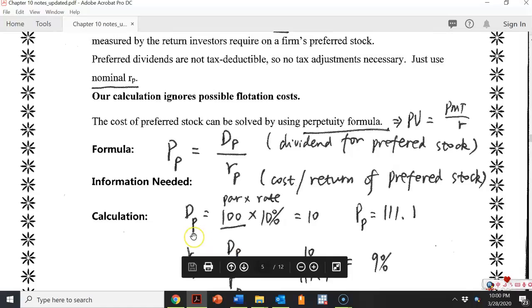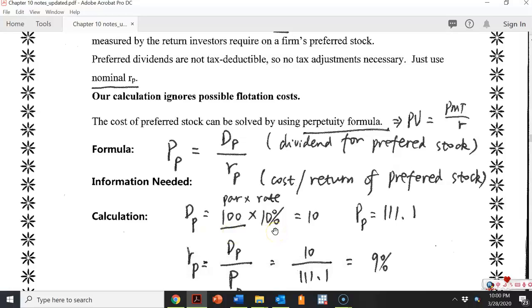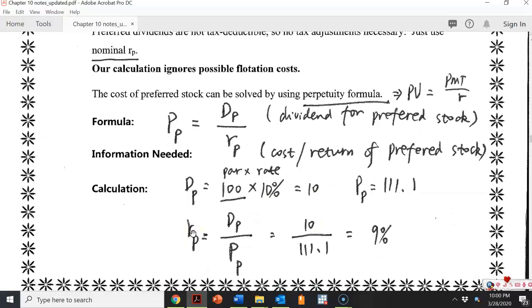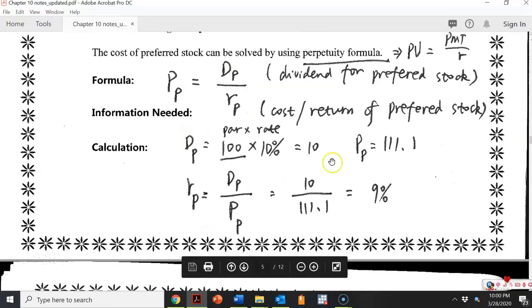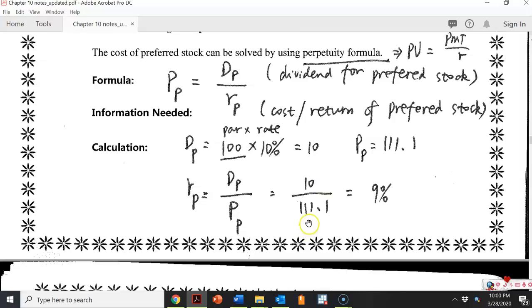And DP, the dividend of this preferred stock, is $100 par value multiplied by the 10% dividend rate. So we have 10 as the dividend of this preferred stock. So RP, the cost of preferred stock, becomes DP over PP. We use 10 over 111.1. We have 9% as the cost for preferred stock for this firm.